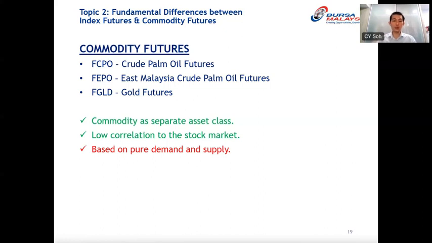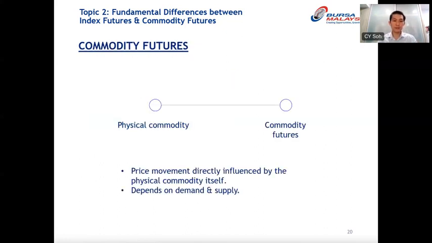So it has nothing to do with stocks or commodity companies. Compared to trading stocks, trading commodity futures is very direct, and the fundamental analysis is considered very straightforward and quite easy.